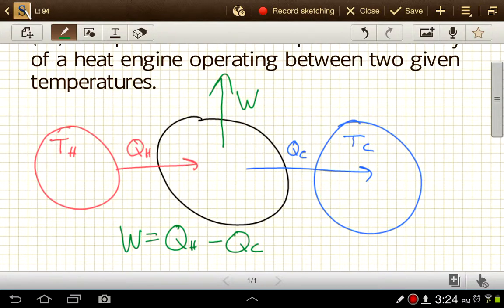In fact, it turns out that of this energy we put in the form of heat, about 90% of it for a typical car leaves that engine as heat, and only about 10% of it leaves as work done on these pistons used to move the car forward. So our cars then are really inefficient. They don't use much of this energy that's put in to do the job that we're asking them to do.